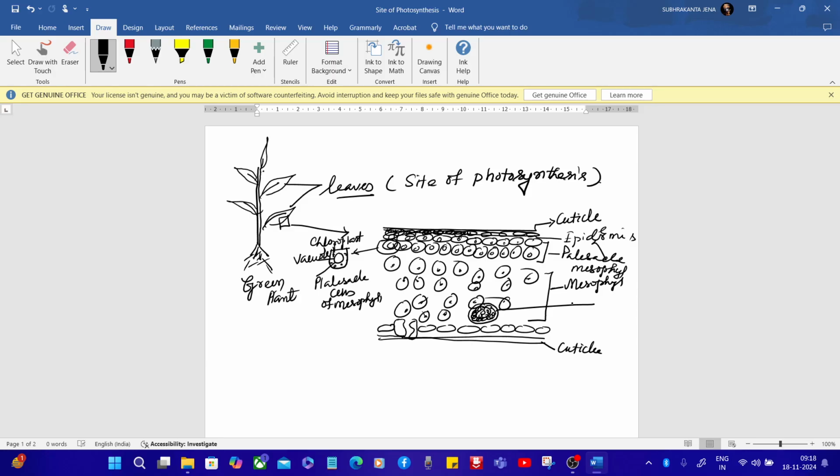And this is what you call vascular bundles or vascular tissue here.